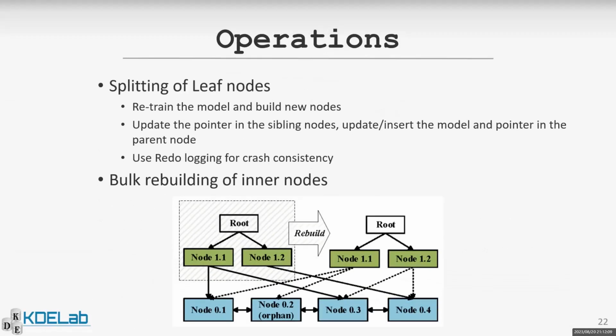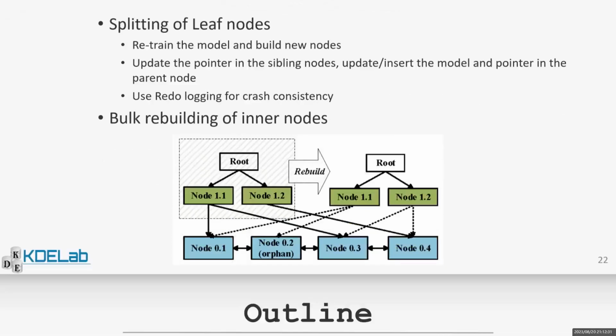The process of leaf node splitting involves multiple pointer updates, and we use redo logs to achieve split crash consistency. Besides, we monitor the number of orphan nodes. When the proportion of orphan nodes reaches a threshold, we rebuild the nodes in the upper layer in batches.